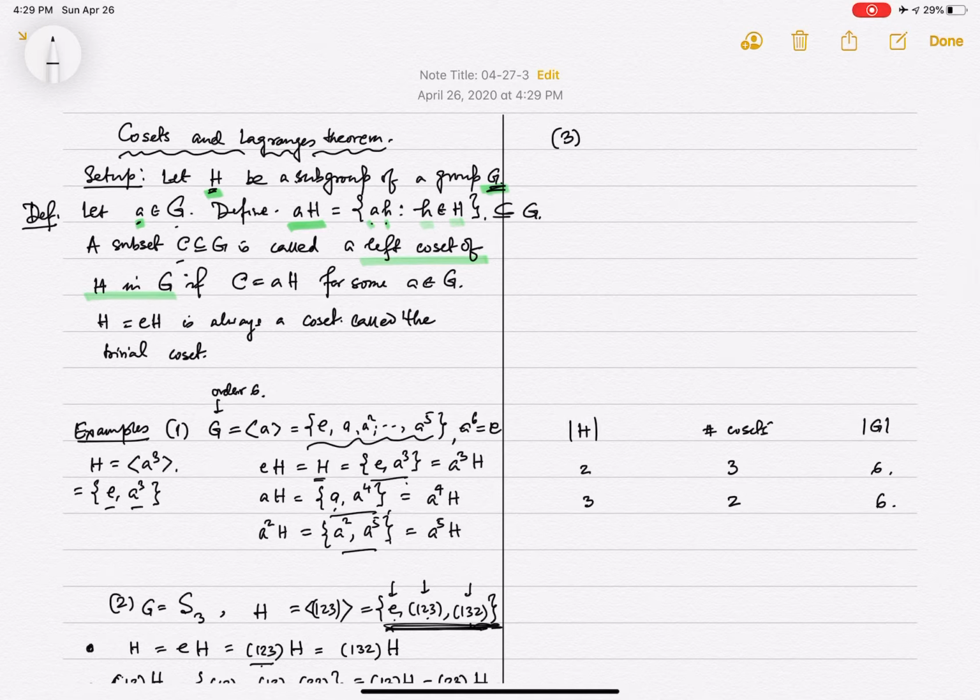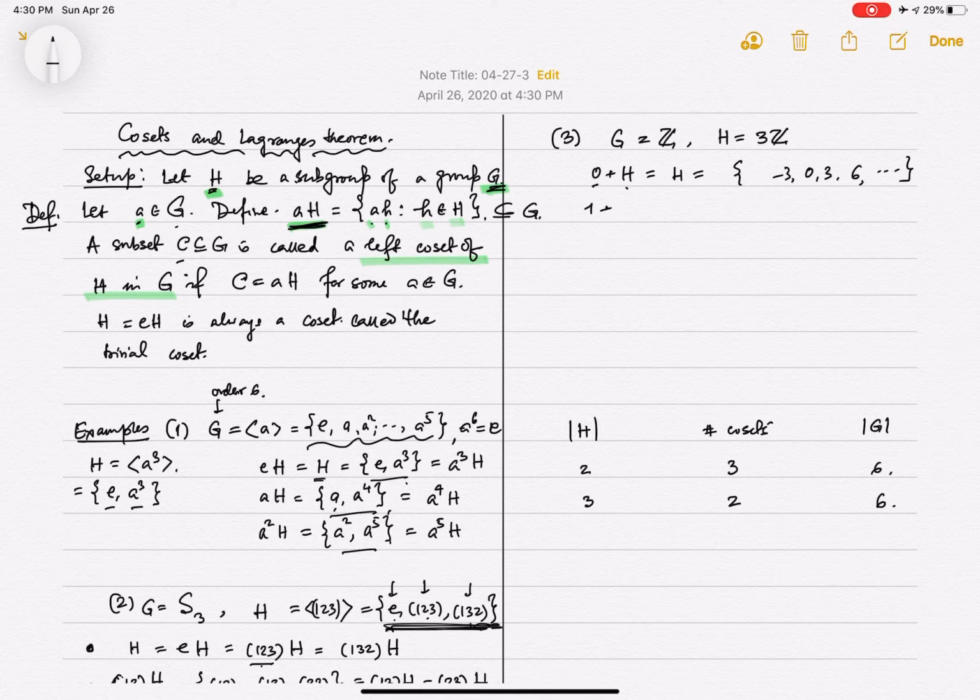Let's give some infinite example. So I'm going to take G equals Z, H equals, let's say, 3Z, which is multiples of 3. Then the coset of 0, which is the identity in this case. By the way, notice now I'm writing 0 plus H rather than 0 times H, because plus is the group operation. So this AH becomes A plus H. That's really just H, which is all multiples of 3 again.